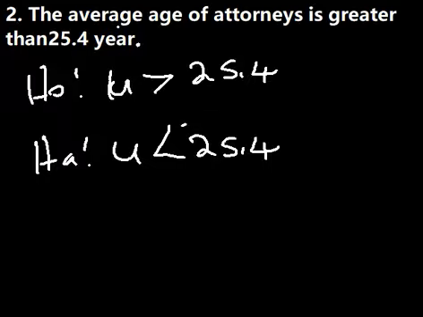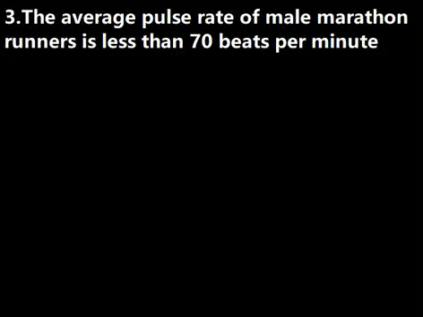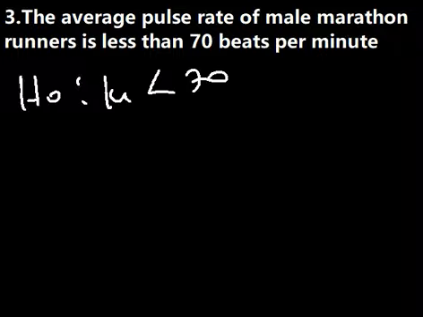And what if we have this case now? Let's say the average heart rate of male marathon runners is less than 70 beats per minute. In this case, what is the null hypothesis? We have H0: mu is less than 70.